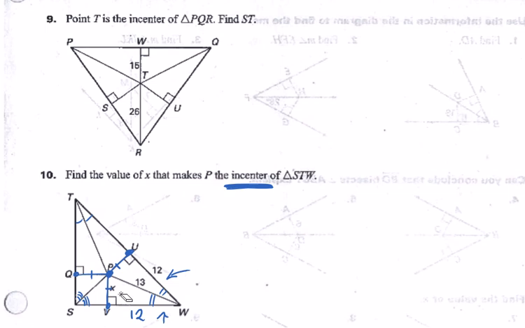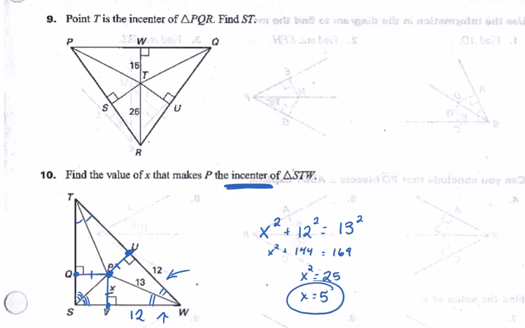And in order to find x, I have a right triangle and a missing side, so I need to set up the Pythagorean theorem. x squared plus 12 squared equals my hypotenuse squared. So that's 144, 169, and x squared. So x squared equals 25, and x equals 5.